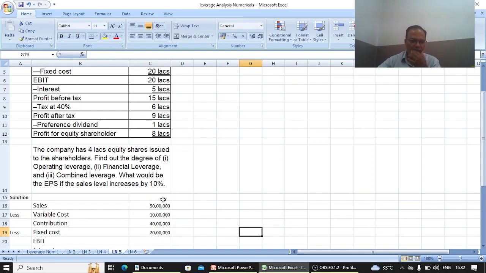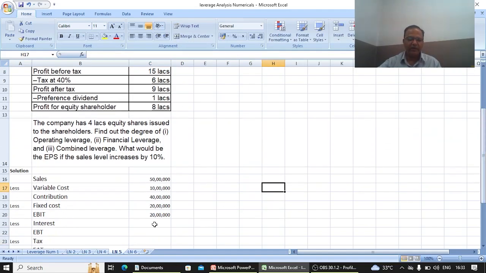Now 50 minus 10, 40; 40 minus 20 will be 20. EBIT minus interest 5 lakh, it will be 15 lakh.